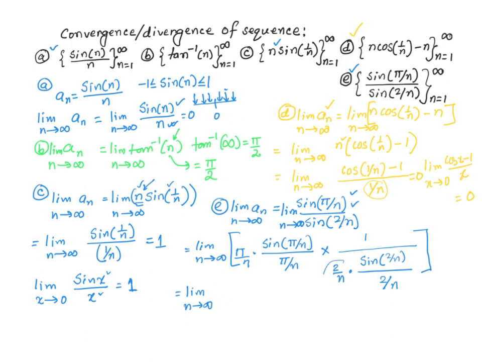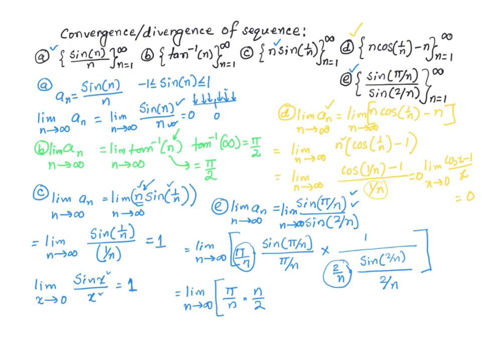Now these two terms, I could combine this one and this one. If I simplify it, it's going to be pi over n times n over 2, okay?